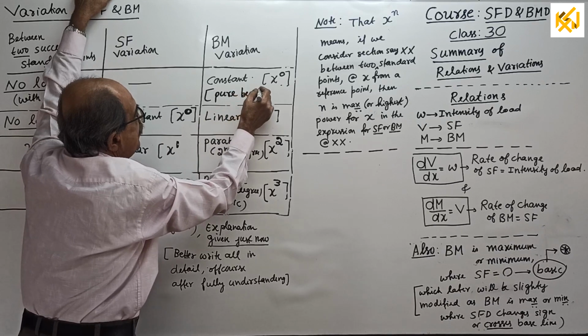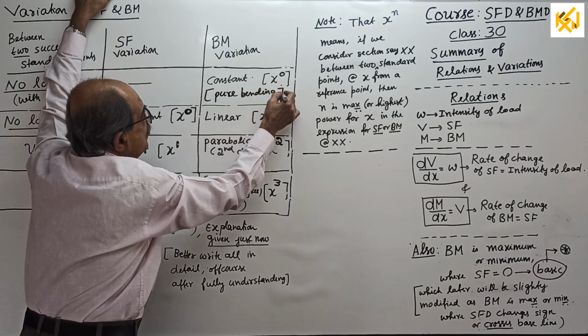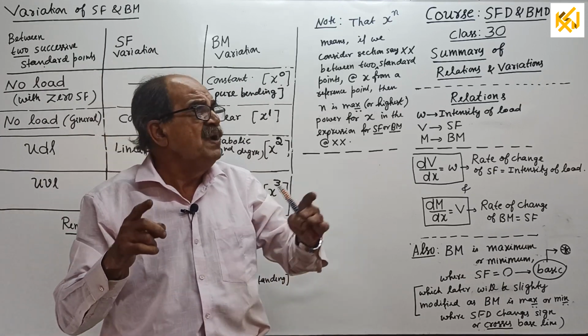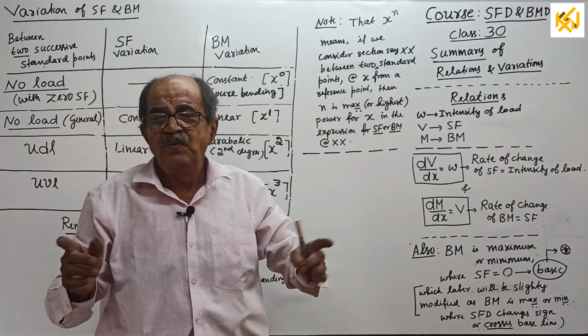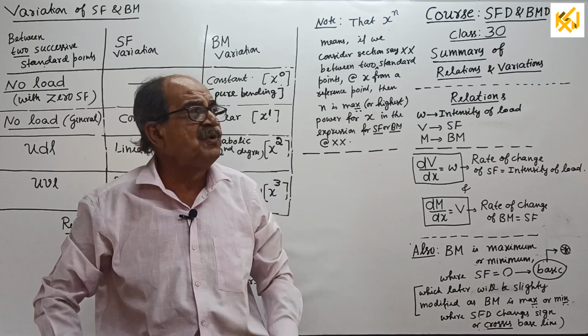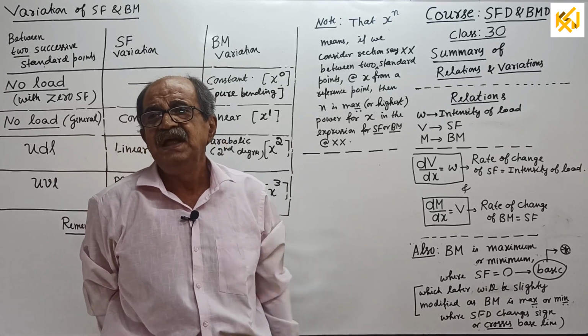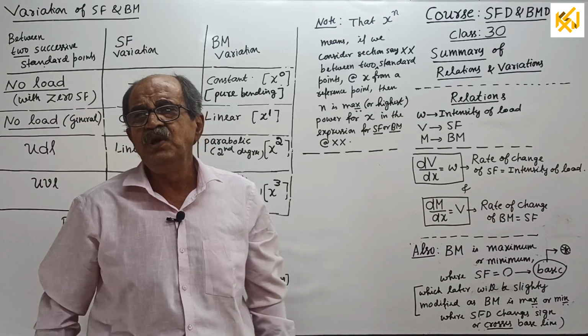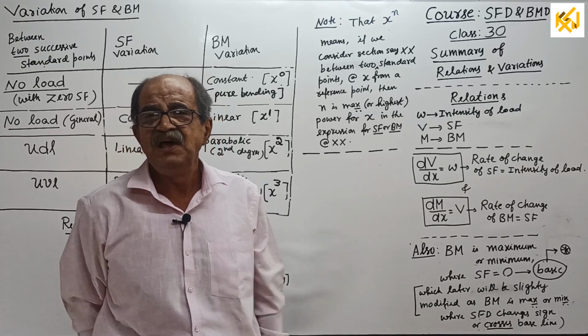We will define it later: pure bending is the bending between two points in the absence of shear force. Later, when you go to deflection of beams or bending stresses, you will know why pure bending is required.